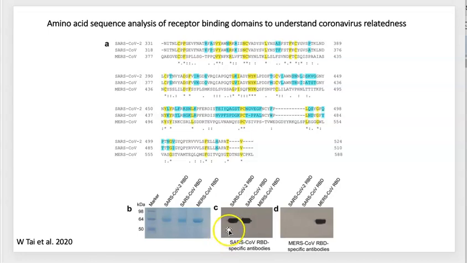And you can see there is cross-reaction between the SARS-CoV-1 receptor binding domain antibodies and itself, not surprising, and the antibodies with SARS-CoV-2 receptor binding domain. Conversely, the MERS-CoV receptor binding domain specific antibodies only bind to themselves and not the other two SARS viruses. And so that, again, allows us to estimate viral relationship.